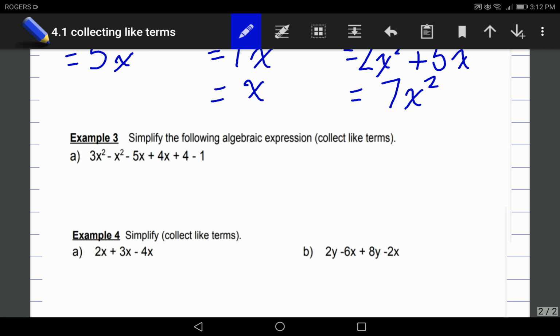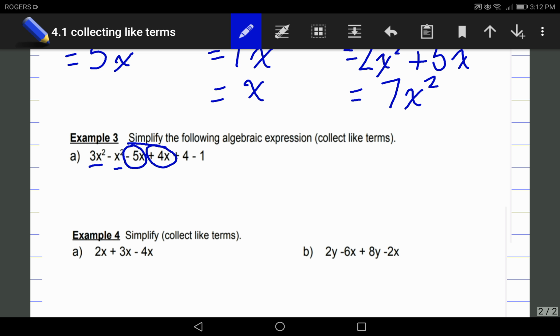Again, it says just simplify. Simplify the following algebraic expression. If you see here, we have like terms scattered throughout. We have two terms that are x squared. Those are like terms. We have two terms that are x's.